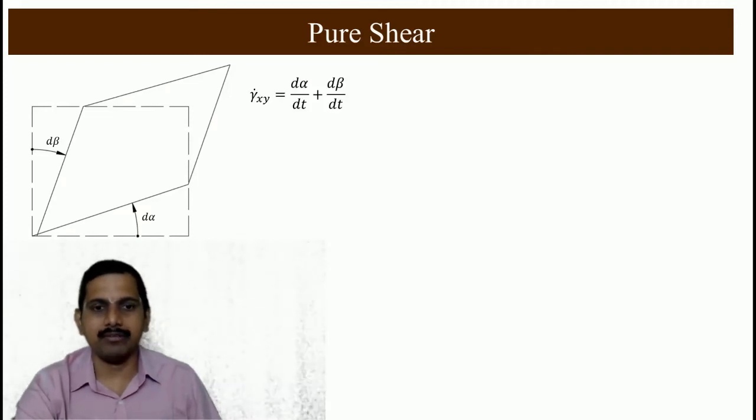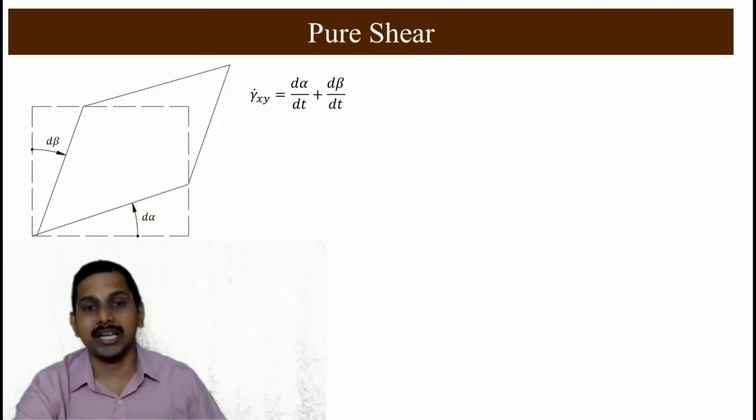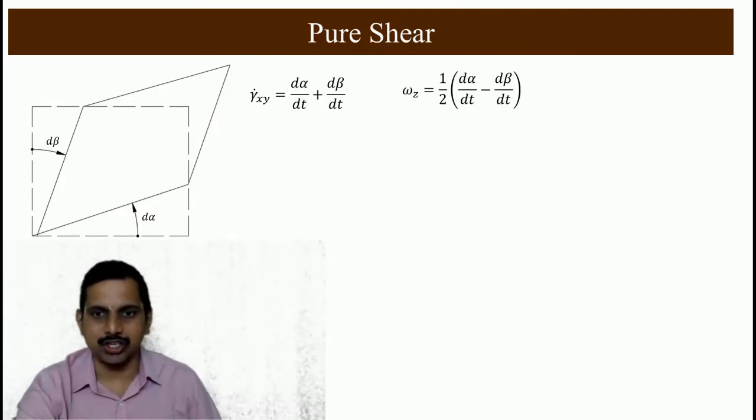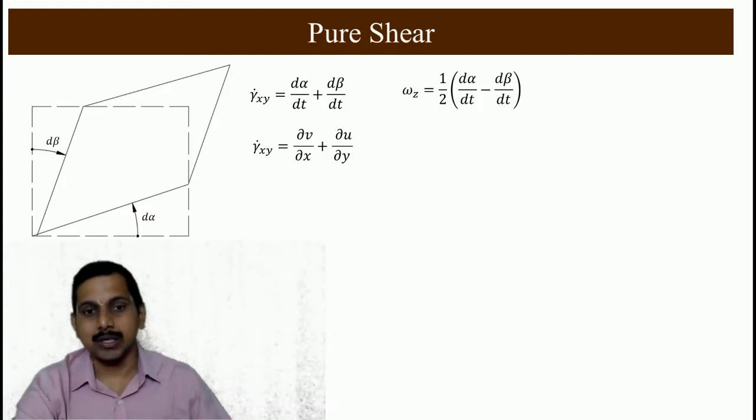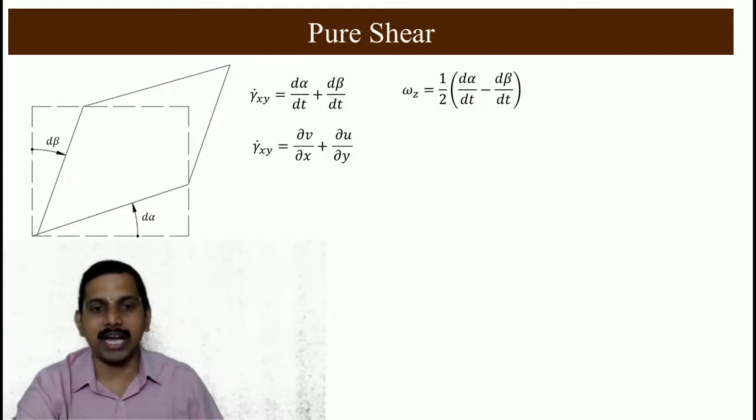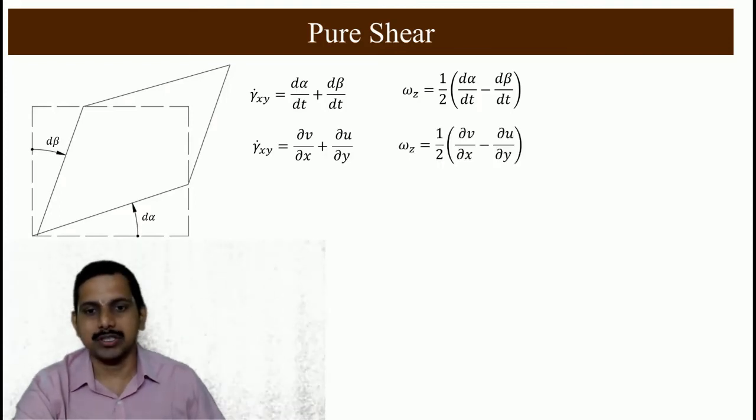Now we have derived that gamma xy dot is nothing but the rate at which these angles change, and omega z was given as half into d alpha by dt minus d beta by dt. This d alpha by dt was ∂v/∂x and d beta by dt was ∂u/∂y.